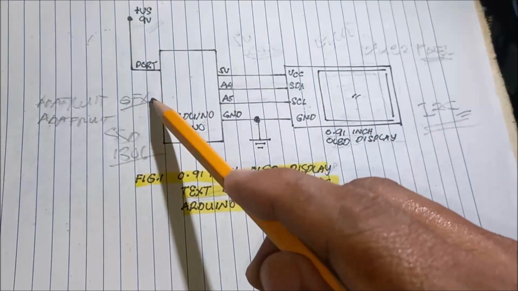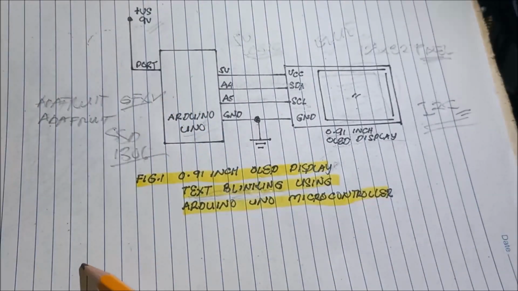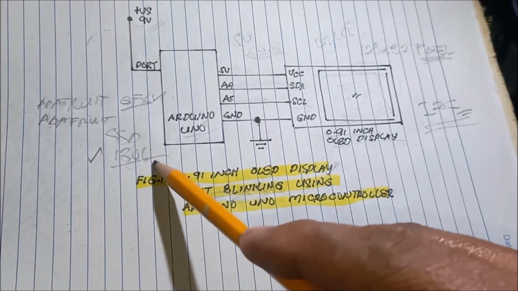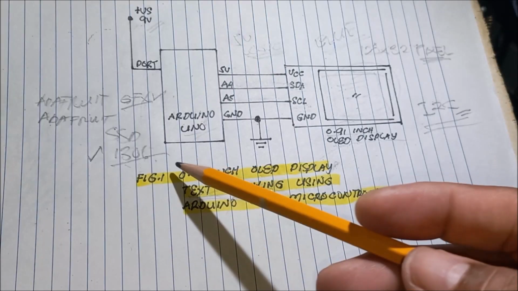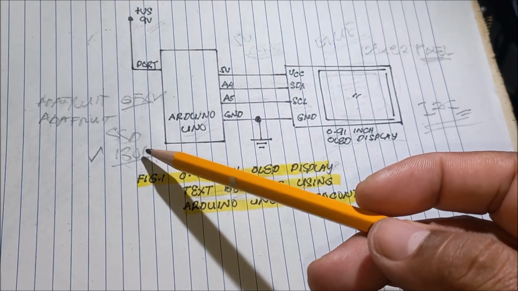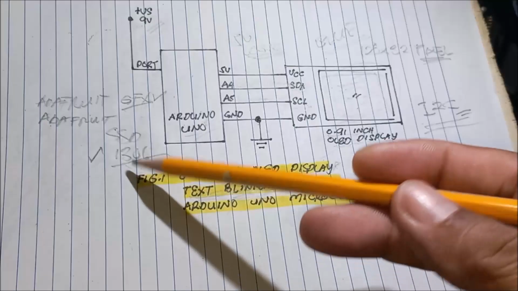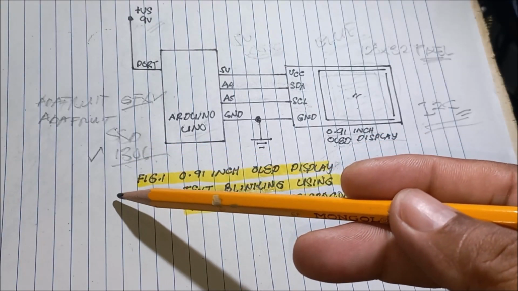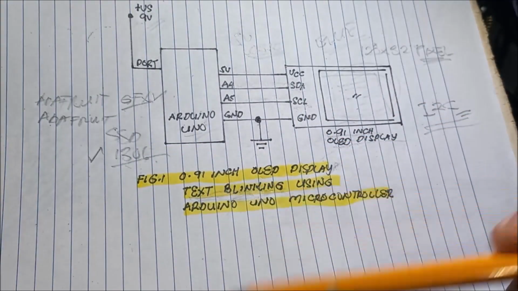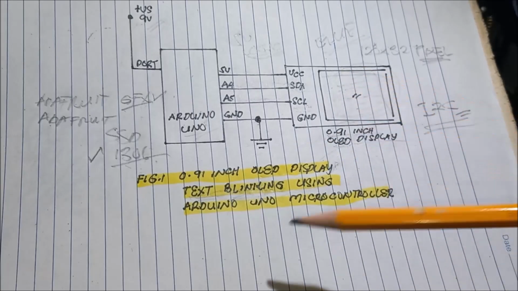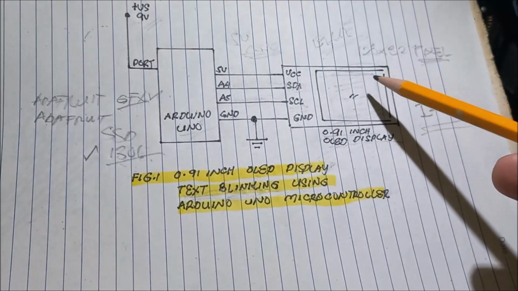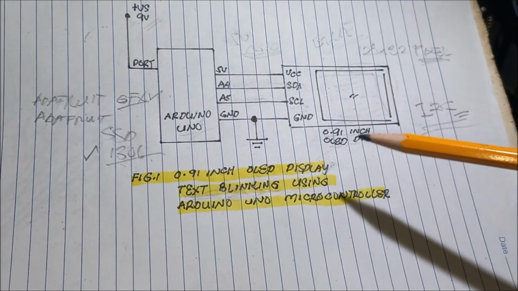So we need to install the GFX and SSD1306 libraries, which are already in the Arduino IDE. We just need to install them so that we can use them for text blinking. So as you can see on our display, it is blinking.